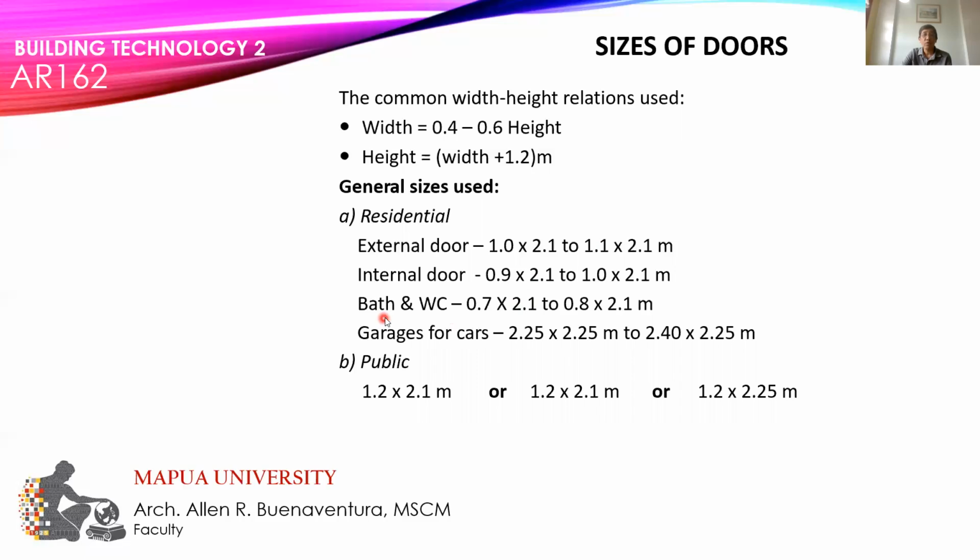Bathrooms and water closets are 0.7 to 0.8. For garages, it's 2.25 by 2.25 meters. For public areas, we have a 1.2 meter door by 2.25. Okay?